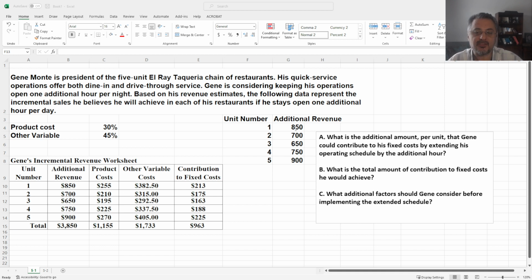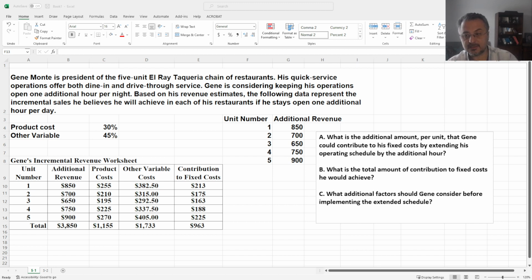So it's becoming a trend. There was actually research showing that quick service restaurants such as Taco Bell, Wendy's, Burger King, McDonald's, etc. were generating almost 7% of their sales between the hours of 9 p.m. to midnight.